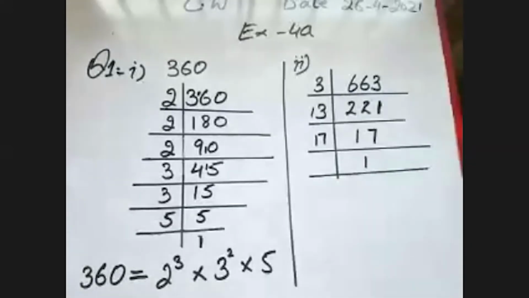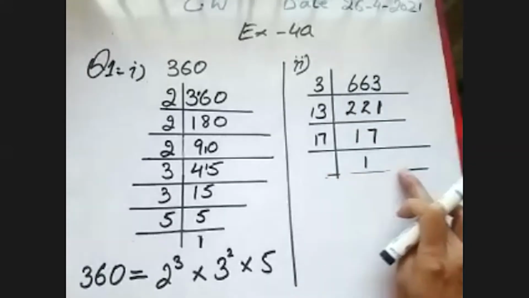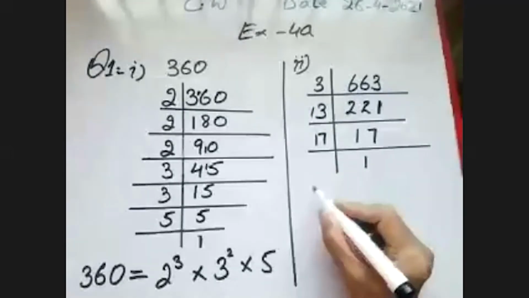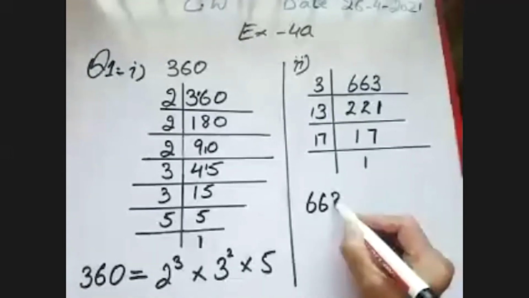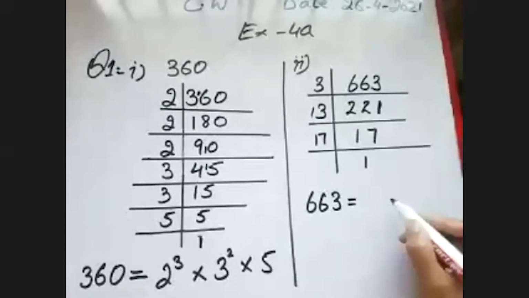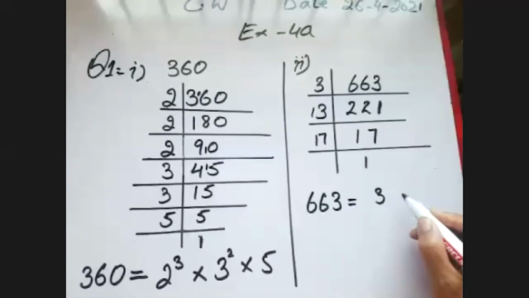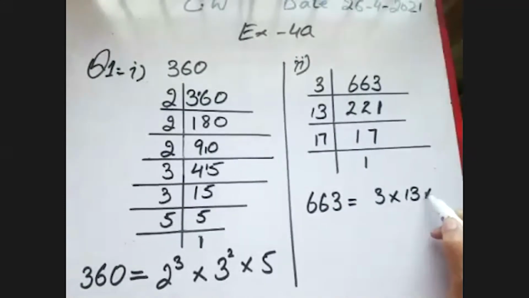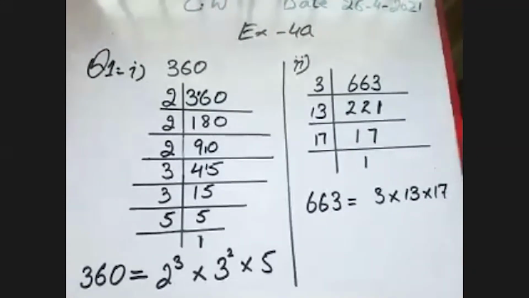So these are the prime factors of 663. It is divisible by these prime numbers, 3 into 13 into 17.